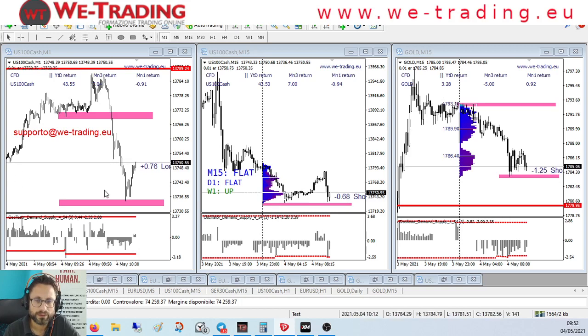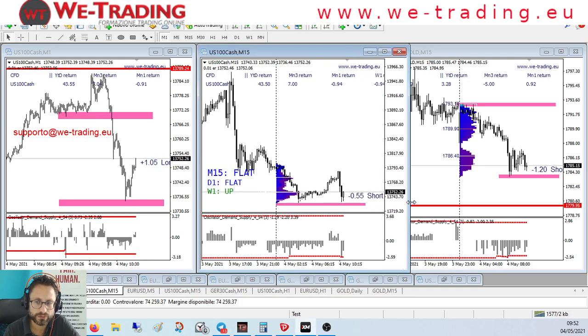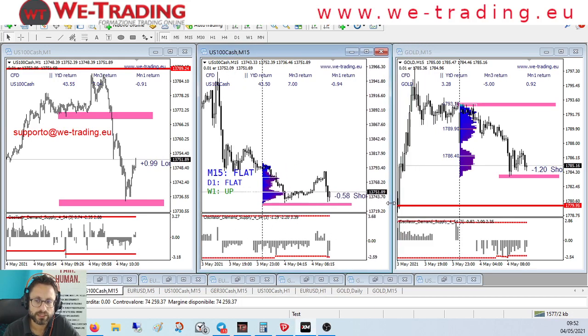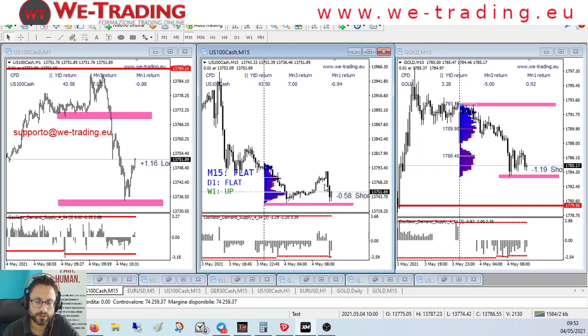Now, as you can see, prices are going up on M1, but the number of my indicator is negative on M15, with the comment short. This means that the main trend is short on M15 but long on M1.